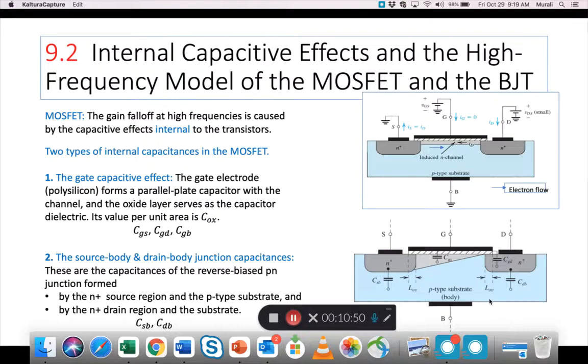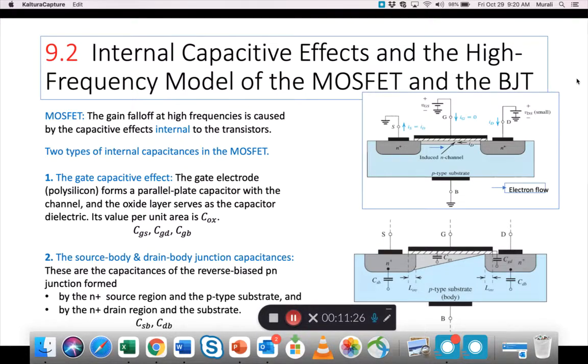And both these are reverse biased in the sense that, as you can see, this N-type has a positive connected to it, and we also know that the body is connected to a negative terminal in ICs in particular. So because of the reverse bias on these two terminals, we get capacitance, and those two capacitances are shown as CSB and CDB. Okay.